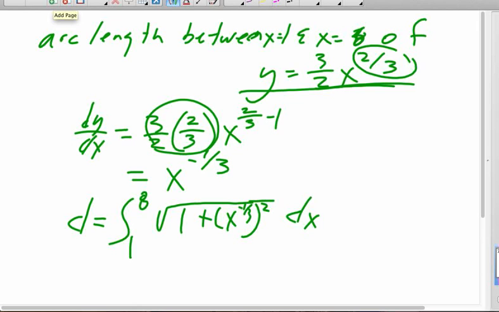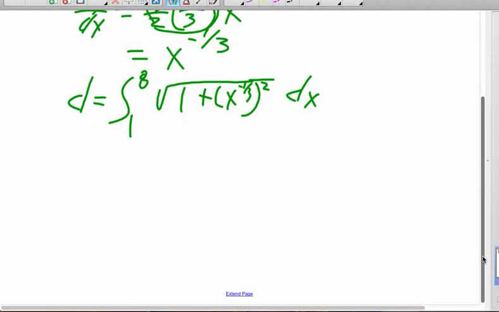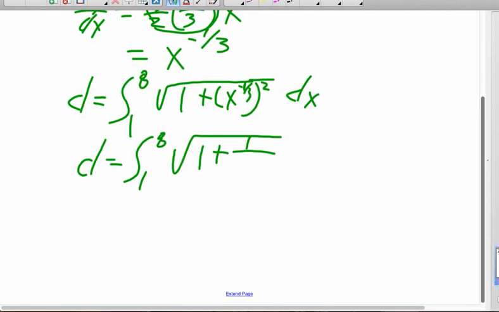Okay, now we're going to have to apply some exponent rules. And if you remember, whenever you raise an exponent to a power, you just multiply them. So d is going to equal the integral from 1 to 8 of the square root of 1 plus 1 over x to the 2/3 dx. Remember, the negative means inside.